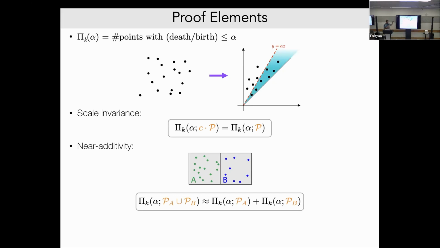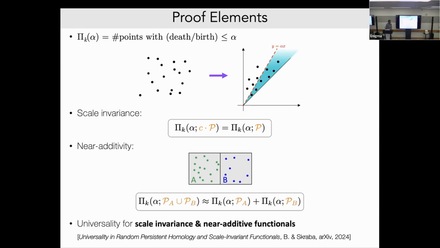It's a long process to get from here to the proof, but these are the main ideas. And in fact, what we prove is a more general statement. You can look at functionals of points that are not necessarily persistent diagrams, but as long as they have these properties, you can show that they have this universal limit. So persistent diagram just happened to be one example.